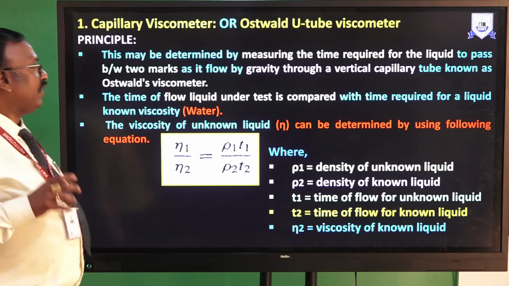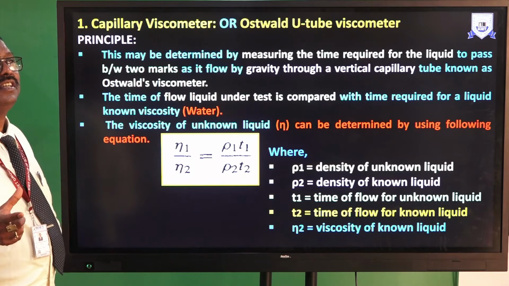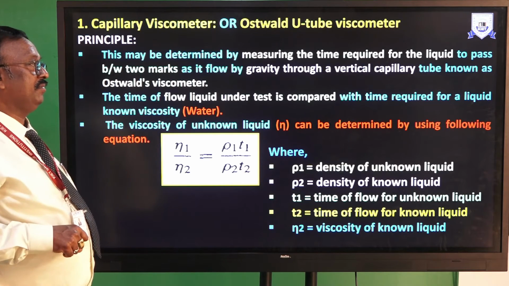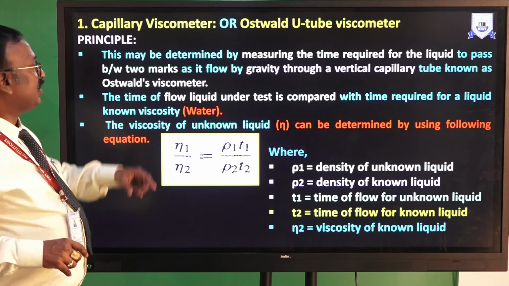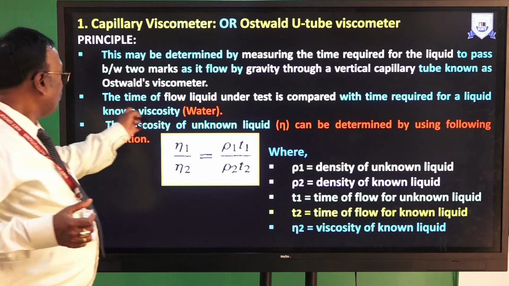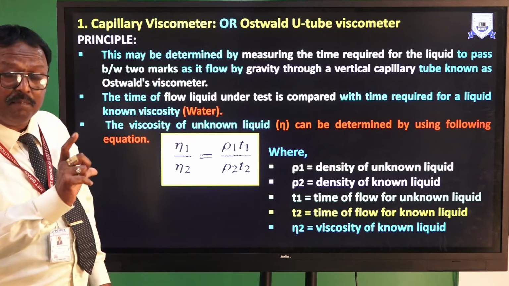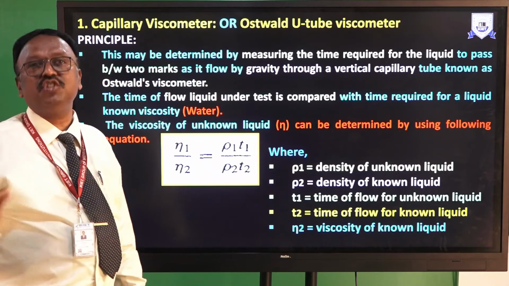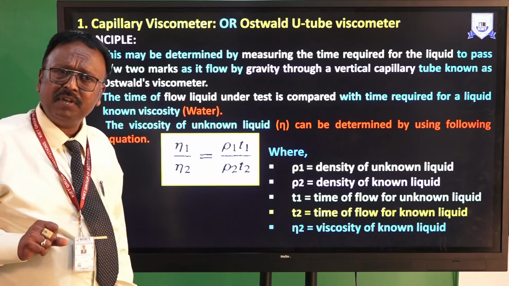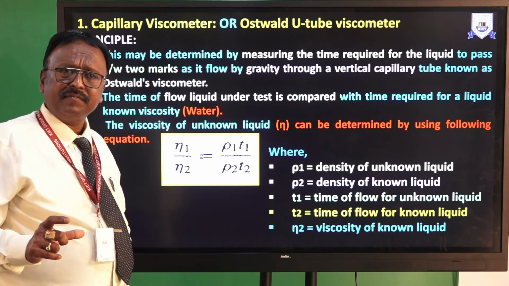The time of flow of the liquid under test is compared with the time required for a liquid of known viscosity, that is water. Water viscosity we know, and we are comparing with the unknown liquid.